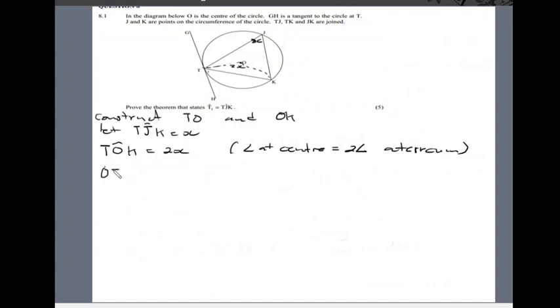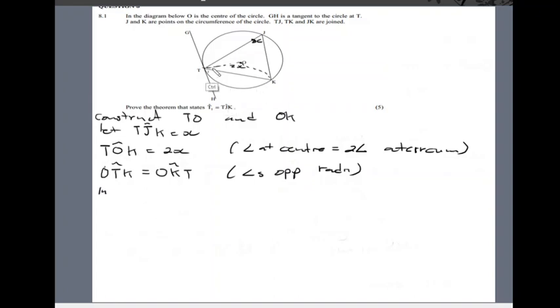So OTK is equal to OKT, right? Angles opposite radius, right? And then in triangle, okay, now I'll use the sum of angles in a triangle.